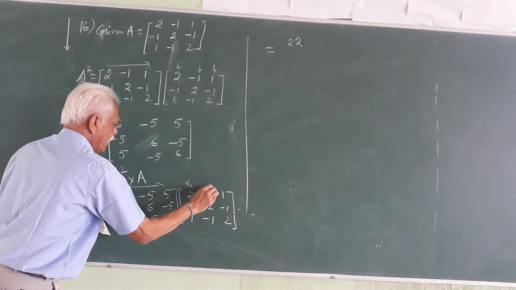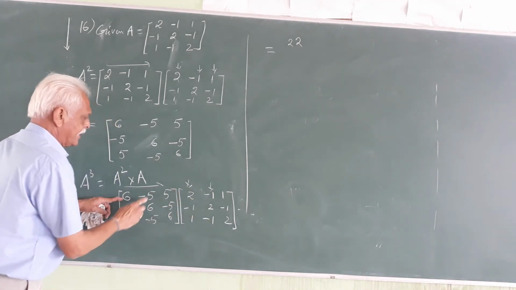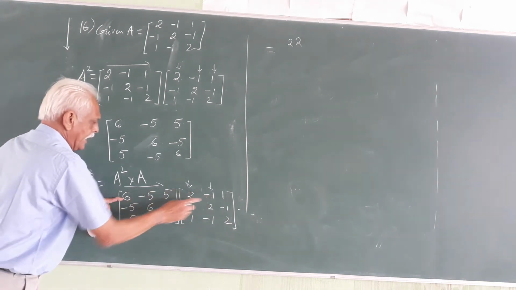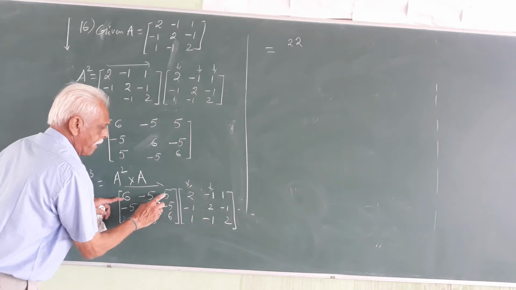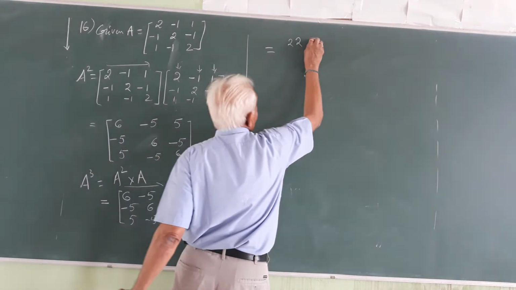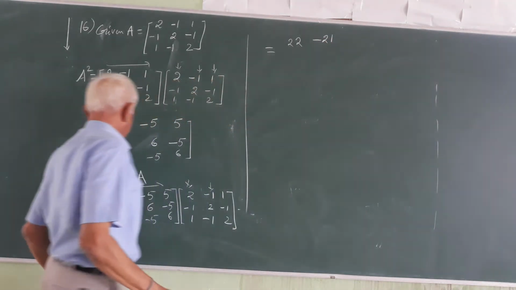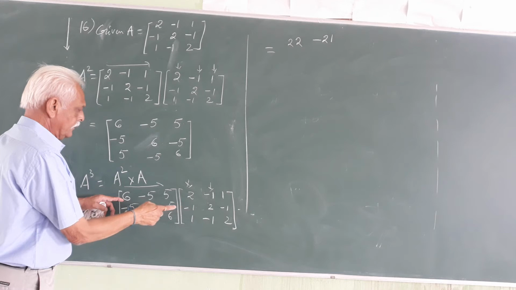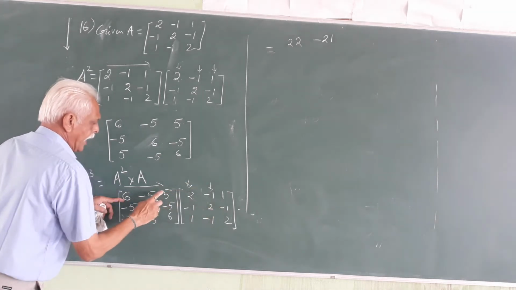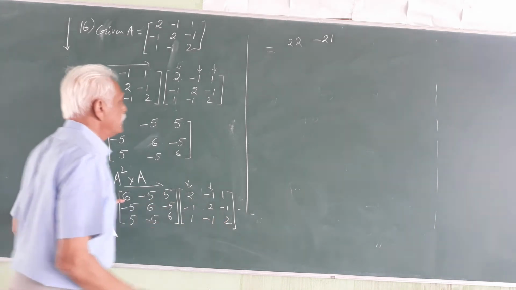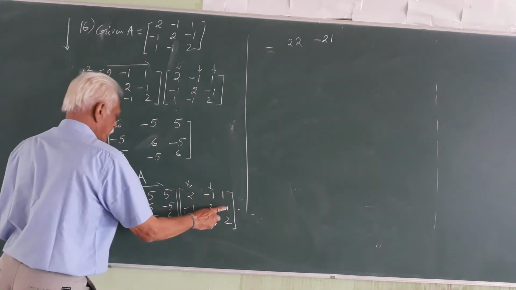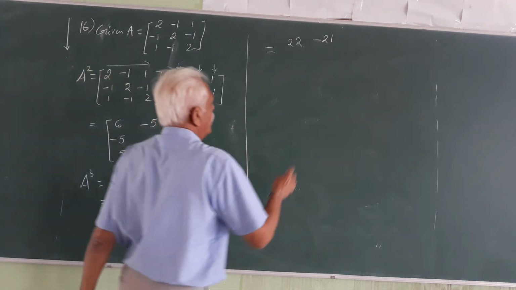Next, second column: minus 6, minus 10, minus 5, minus 21. Next, 6 plus 5 plus 10, 21.